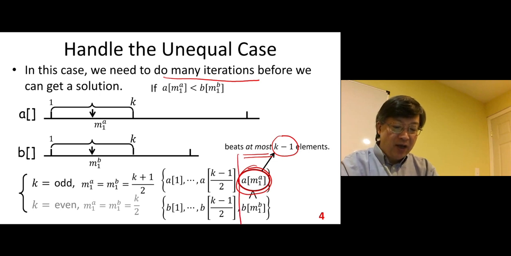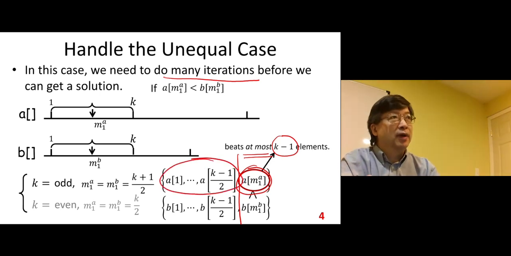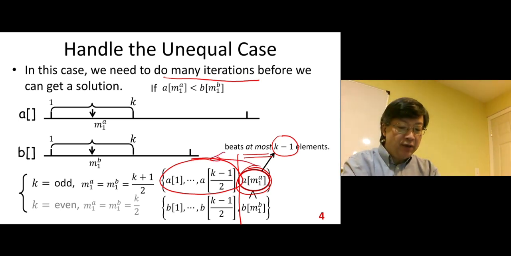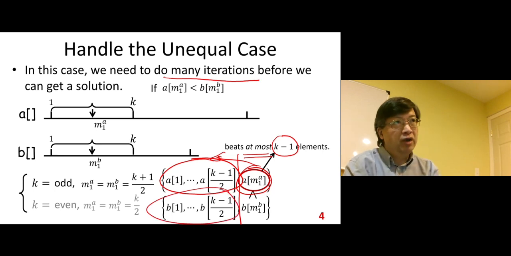Because this one first can beat these elements for sure, right? We already know, based on the order, this element can beat those elements for sure. But can this element beat these elements? Not sure, but it's possible. It is possible to beat these, but not for sure.